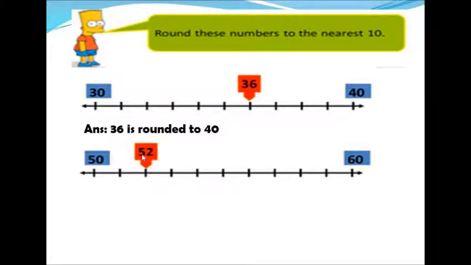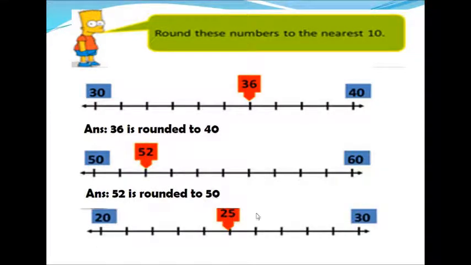So 52 is rounded off to 50. Let's take one more example. Number 25. It is 5. That is the midway number. 25 falls between 20 and 30 on the number line, and it's a midway number. The midway or the halfway number is always rounded to the next 10. So 25 is rounded to 30. Is it clear, children?